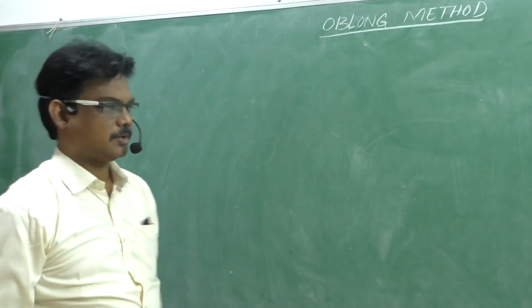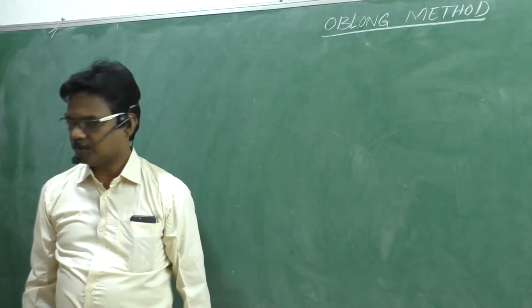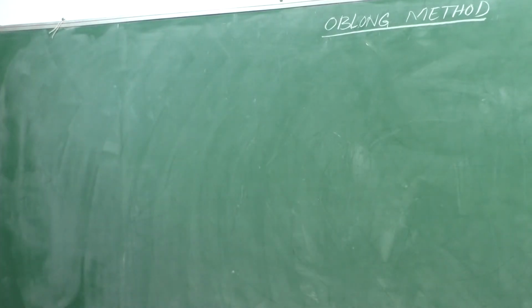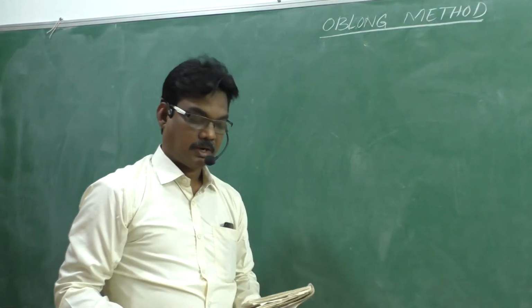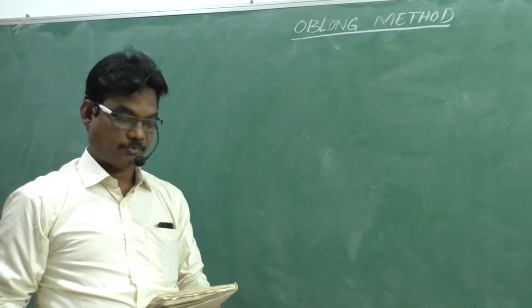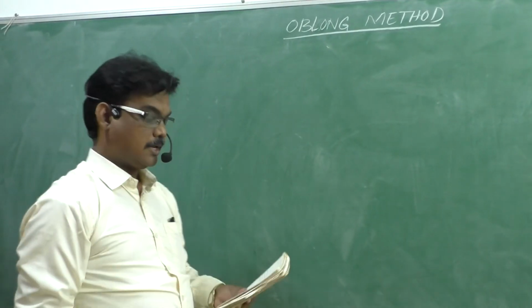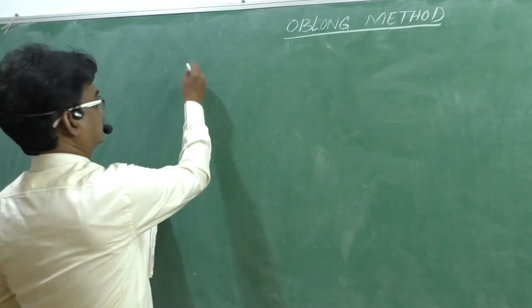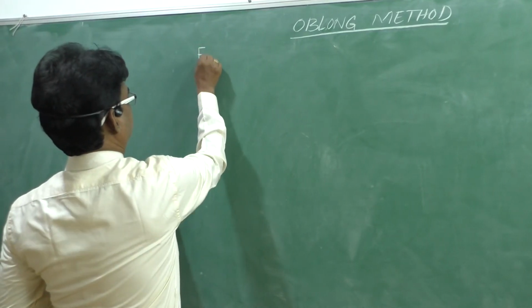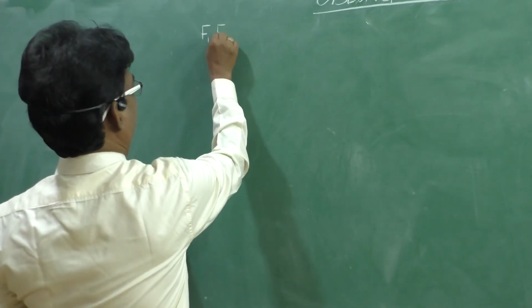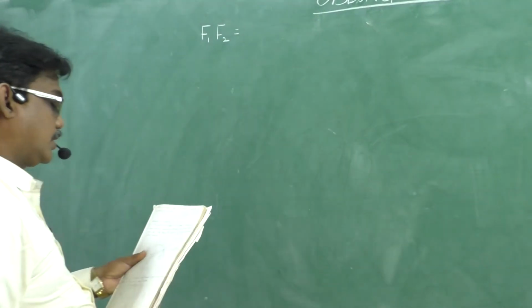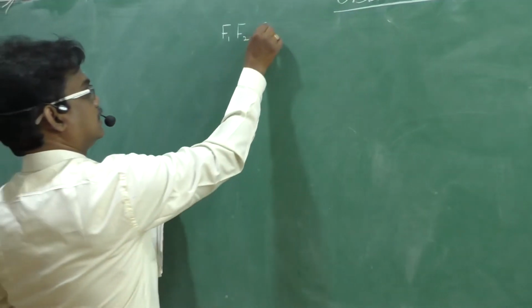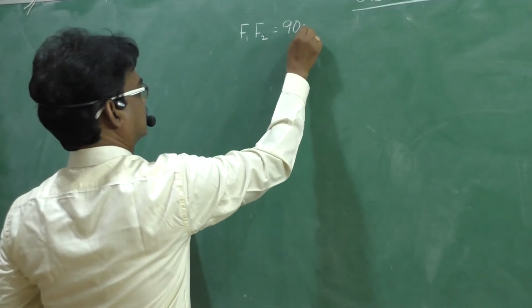Now we will take one problem and observe the method. The foci of an ellipse are 90 mm apart. Here the foci are given as F1 and F2, and the distance between these two foci is 90 mm.